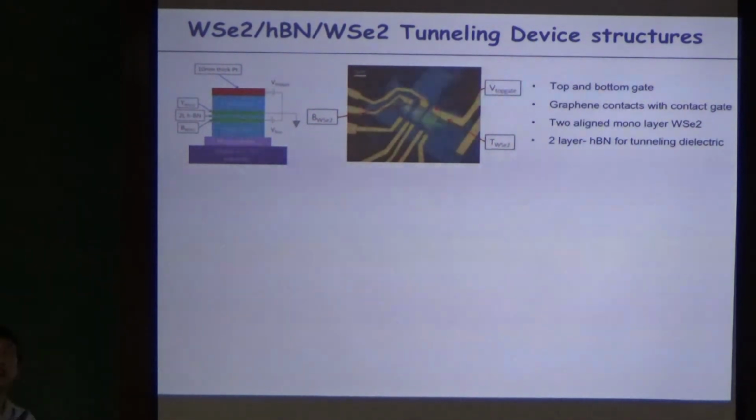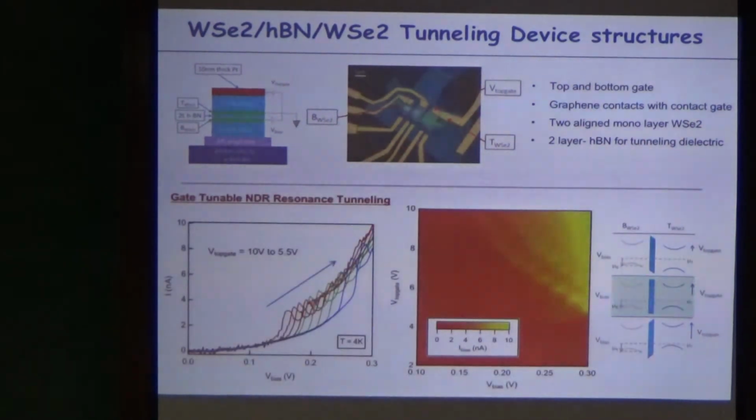So one of the layers turns into P-type and the other one is N-type just by controlling the gate voltage, for example, and this creates the tunneling diode. If you just look at the IV characteristic, bias voltage versus current, at a given gate voltage you can see the current increases, shows a peak, and increases again. This is what you call NDR, negative differential resistance, which often comes from this tunneling behavior.